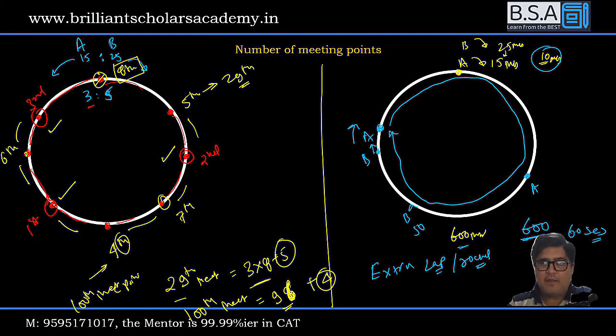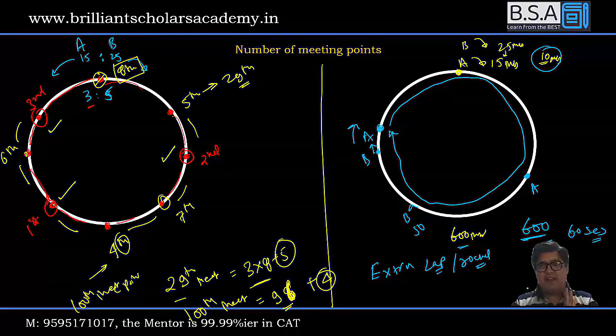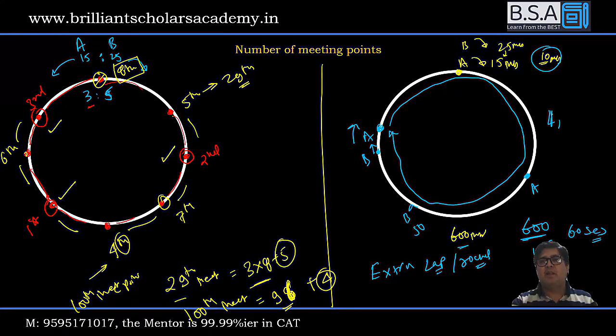Is that visible? Yes, it's visible. They will meet at the starting point in 60 seconds. Now, see, direction does not matter. If I want them to meet at the starting point, the time required is 120 seconds.